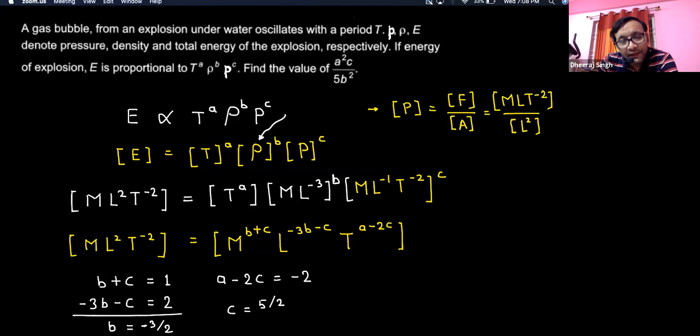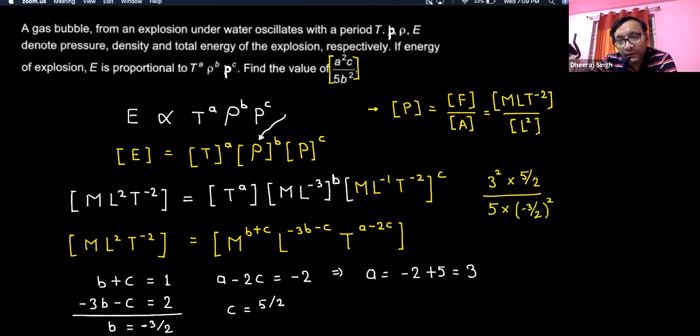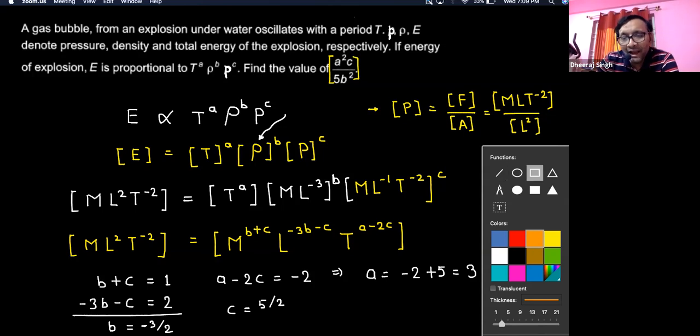If C is 5 by 2, the value of A is minus 2 plus 5, that is 3. Now you substitute the values of A, B, and C: 3 square into 5 by 2 divided by 5 into B square, which is minus 3 by 2 whole square. Getting the value is not important.